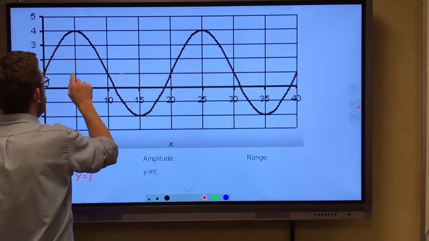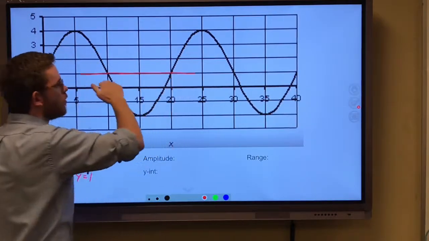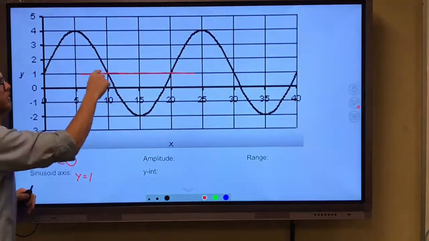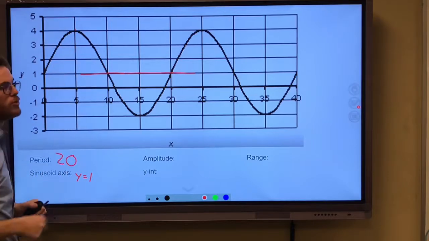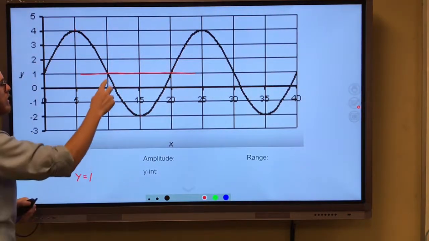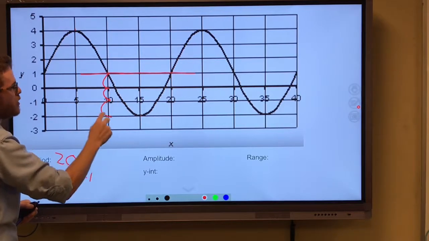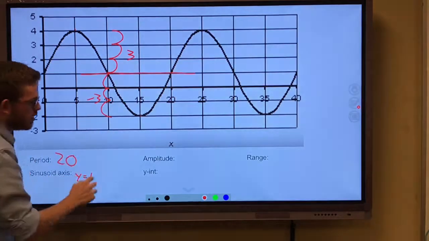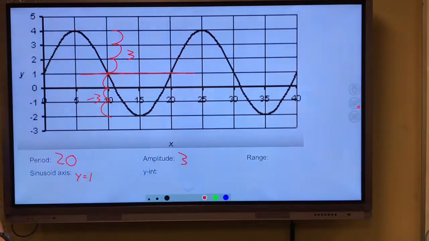Now that we have that value, y equals 1 is our sinusoidal axis. The amplitude is the distance from this to our crest on the top or our crest on the bottom, and either way it's 3 units down or 3 units up. So the amplitude is 3.